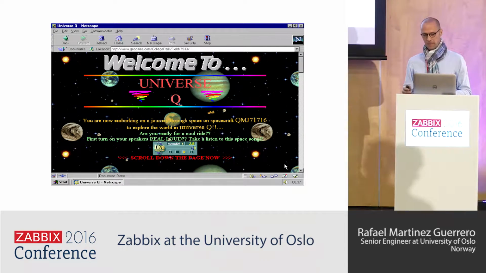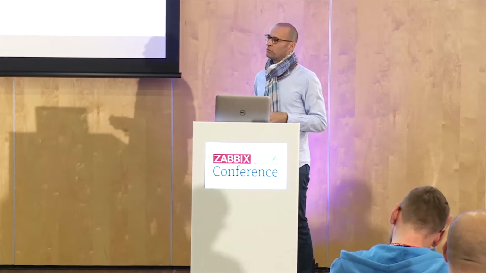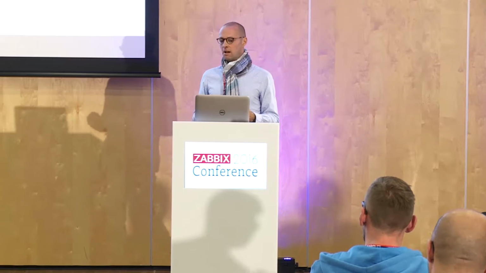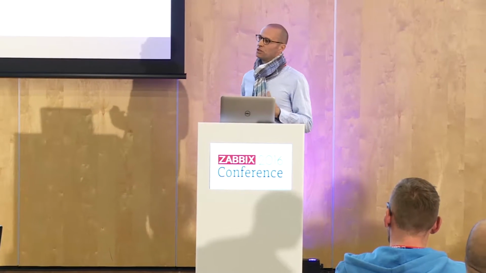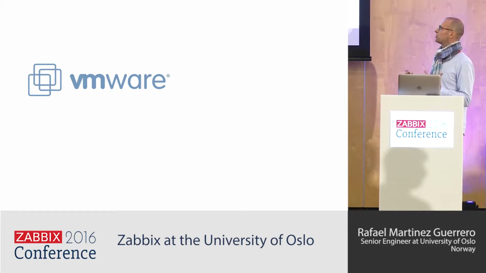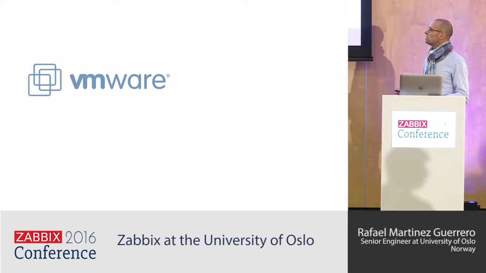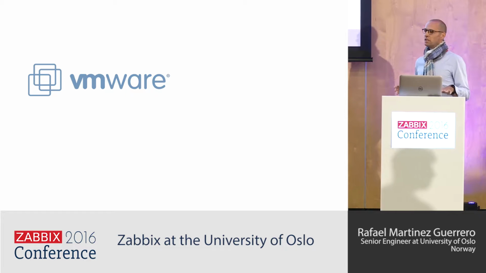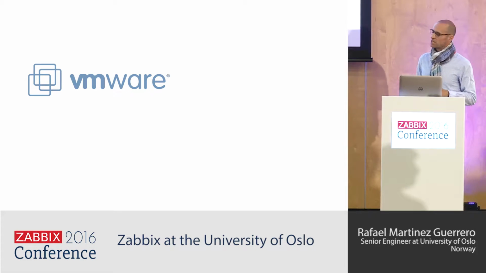I'm going to give you some information about some decisions we had when we decided to take Zabbix as our new monitoring system. The first thing was that we wanted to use our standard infrastructure to run this new system. We decided to run everything in virtual machines.